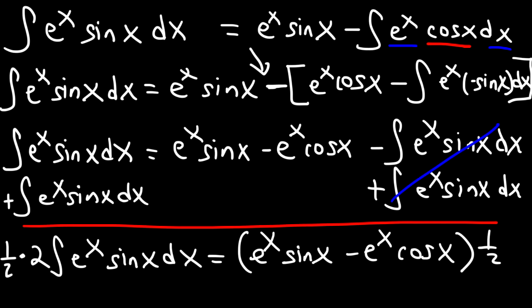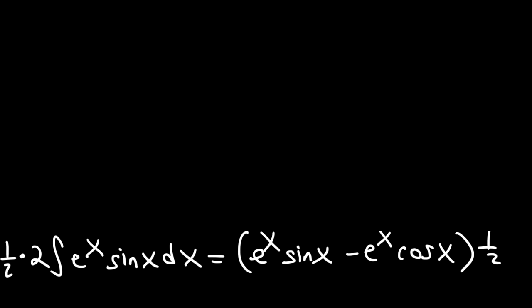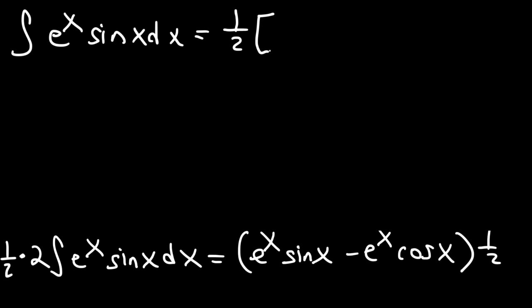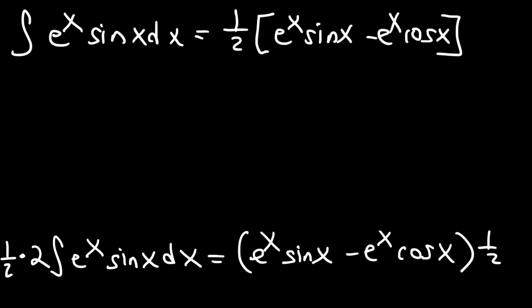And so this will give us the final answer. On the left side, 2 times a half is 1. So the integral of e to the x sine x dx is going to be 1/2 times e to the x sine x minus e to the x cosine x. And don't forget to add plus C. And so this is the answer.